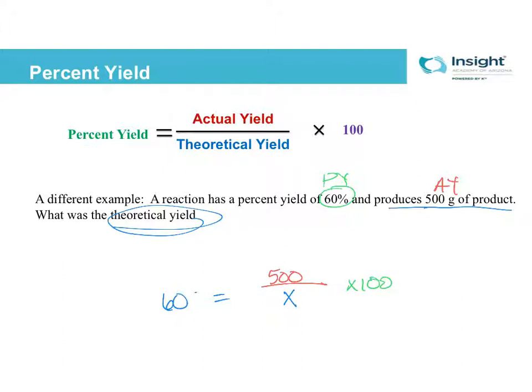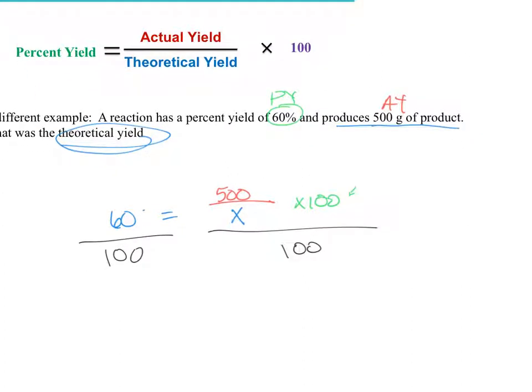All right, so my suggestion to you, because hopefully this will make this look like something you know how to solve, we're going to move this 100 to the other side. All right, so if I divide both sides by 100, I will get something that looks like this. All right, and I bet you know what to do here.